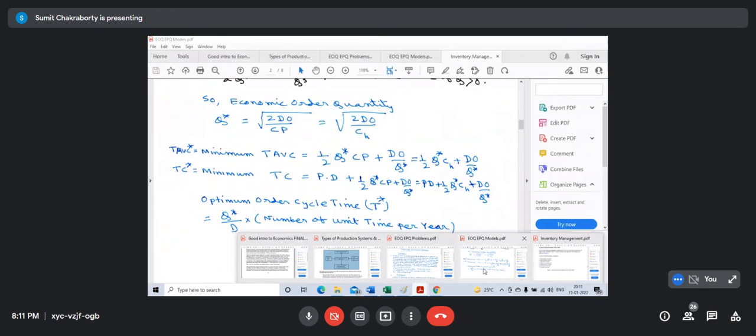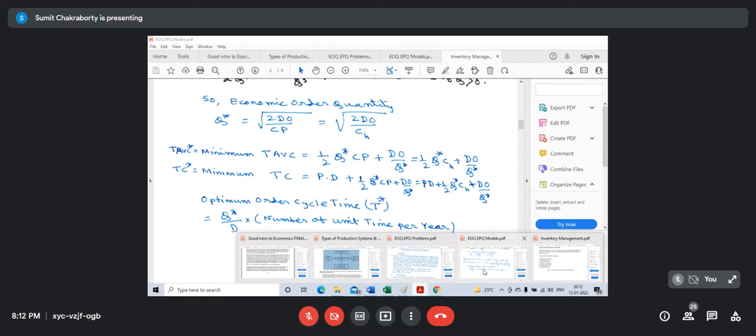Q is the maximum inventory level. At what maximum? What should be the maximum inventory level? It cannot be just anything, right? At a particular maximum inventory level. Maximum can be anything, we don't know.